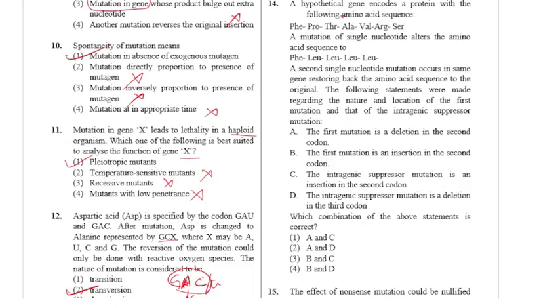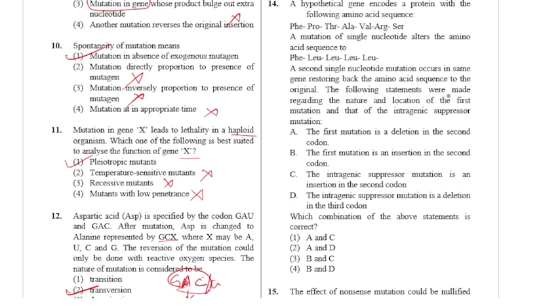Next question: a hypothetical gene encodes a protein with the following amino acid sequence: phenylalanine, proline, threonine, alanine, valine, arginine, serine. A single nucleotide mutation alters the sequence to phenylalanine, leucine, leucine, leucine, leucine. A second single nucleotide mutation occurs in the same gene, restoring the amino acid sequence to the original.